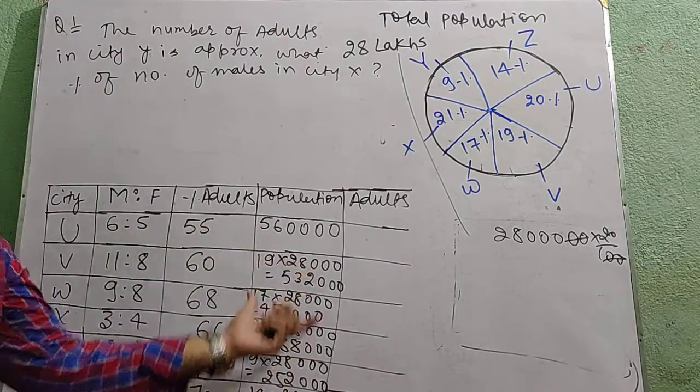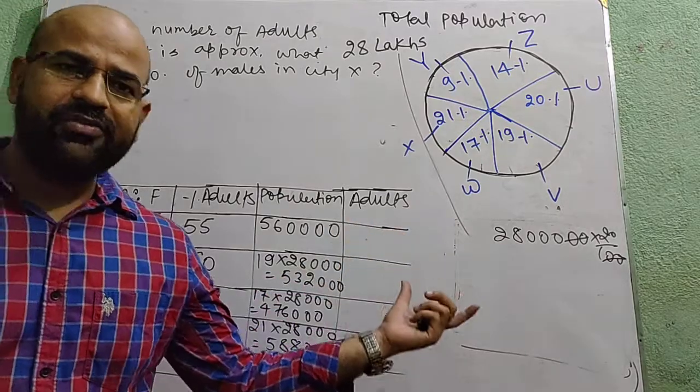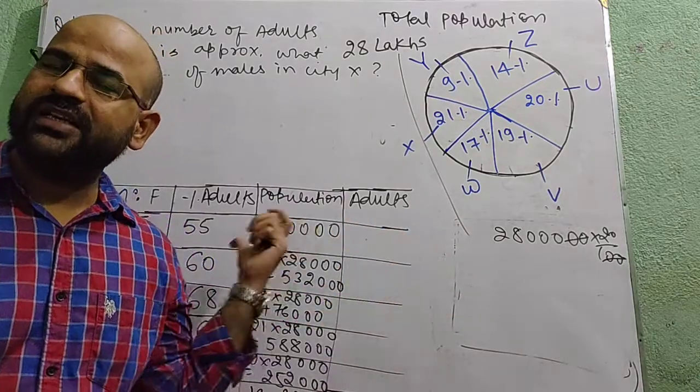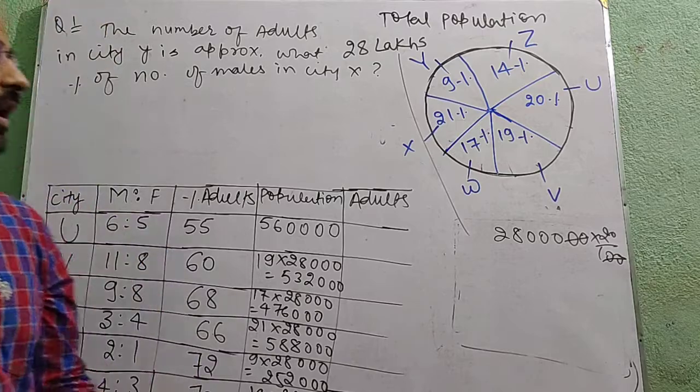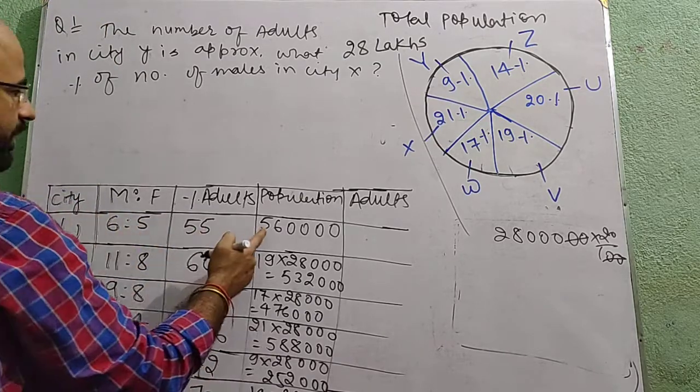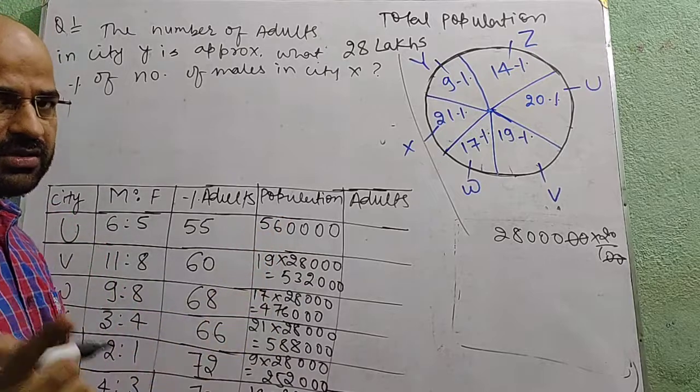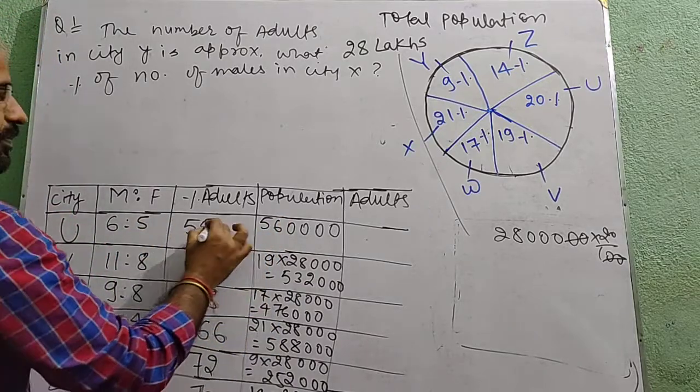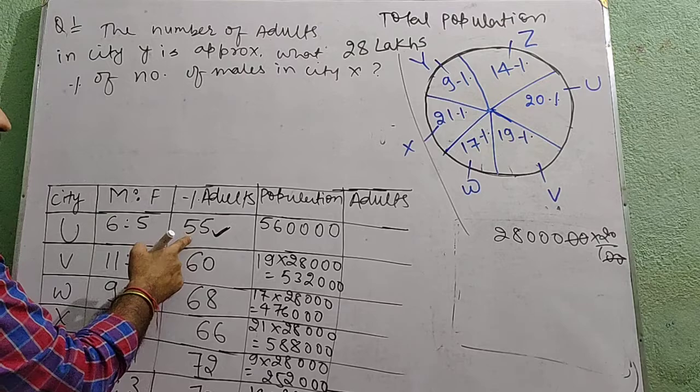In numbers. Again, we will calculate the population of adults in the different cities. The population of city U is 5,60,000. In that, the portion of adults is 55%.